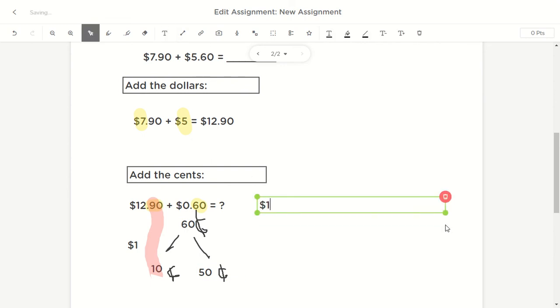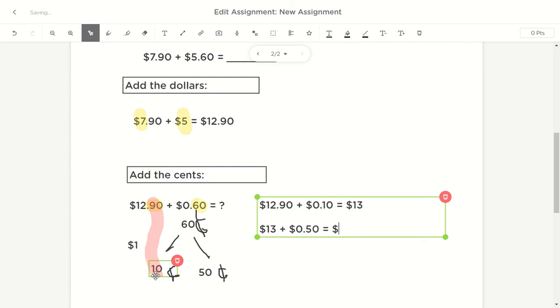I have my $12.90. I add my 10 cents first, which is here. $12.90 plus 10 cents: 90 cents plus 10 cents gives you $1, which gives you $13. And then after that, very simple, you add the remaining 50 cents, which will give you $13.50.